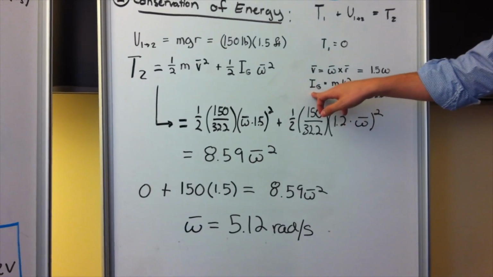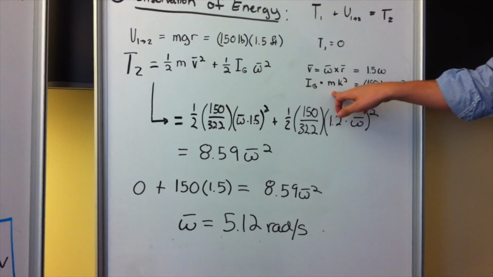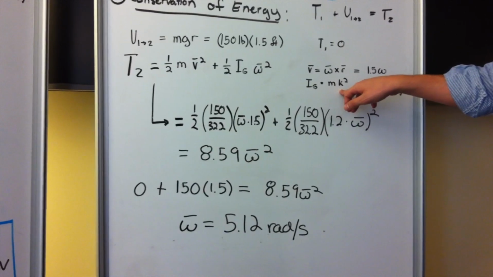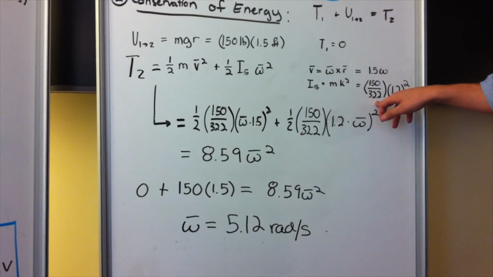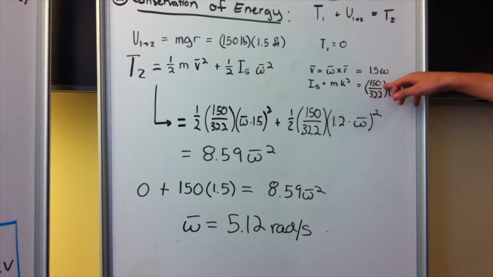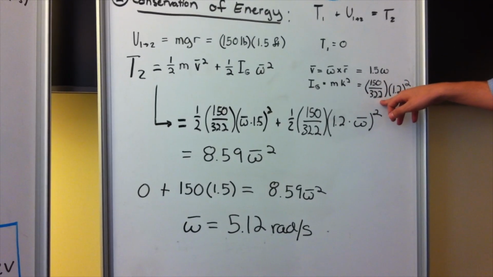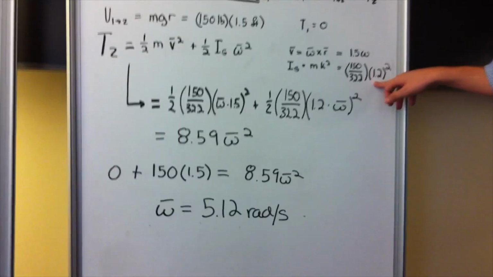And then solving for our moment of inertia, we're going to have mass times the radius of gyration squared. So that's going to come out to 150 divided by the acceleration of gravity times 1.2 squared.